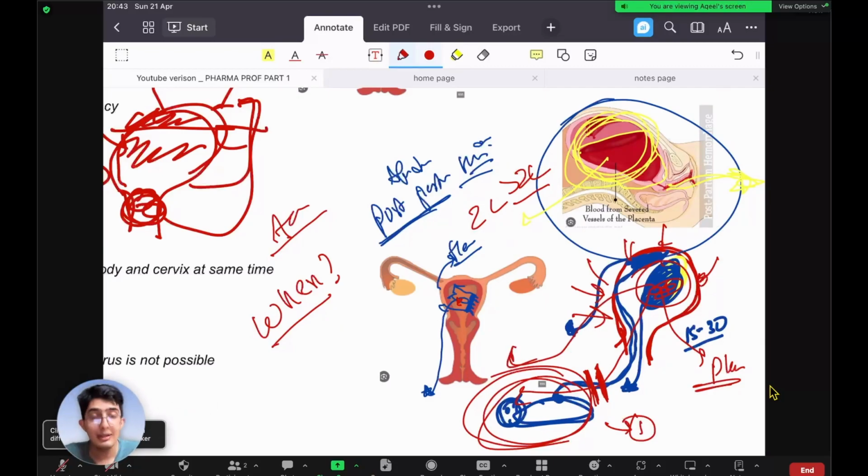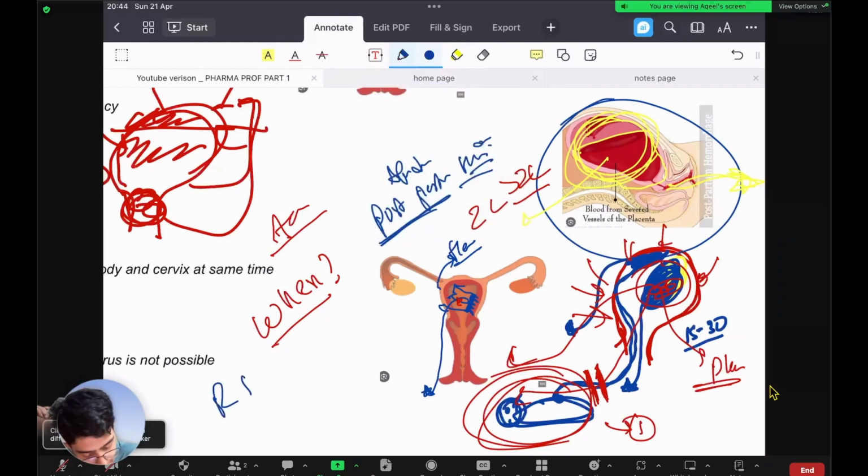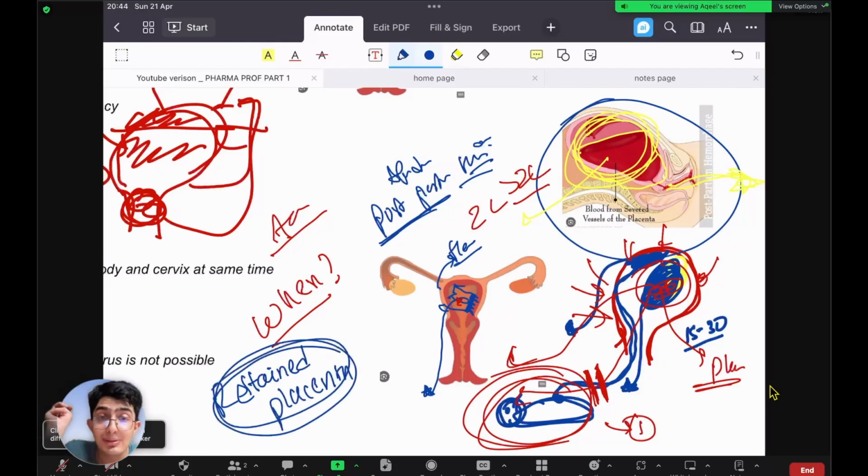What will happen is the uterus will undergo tonic, severe contraction, but within the uterus there is still placenta remaining. So the products of conception will be retained within the uterus. In gynecological terms, we call this retained placenta, right? Do we want this to happen? No, because the placenta should ideally be expelled during the delivery process.